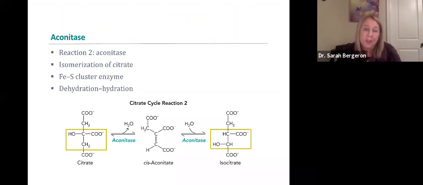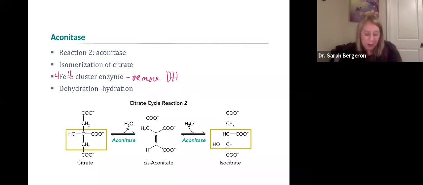Okay. So the next one is just simply an isomerization. And it's actually a 2-step mechanism. We write it in the cycle as only a 1-step, but it's actually a 2-step. And so you're going to convert citrate eventually to isocitrate. When you look at how this reaction works, we have 4 iron-sulfur clusters inside of our enzyme. And those iron-sulfur clusters are there really to remove the hydroxyl.